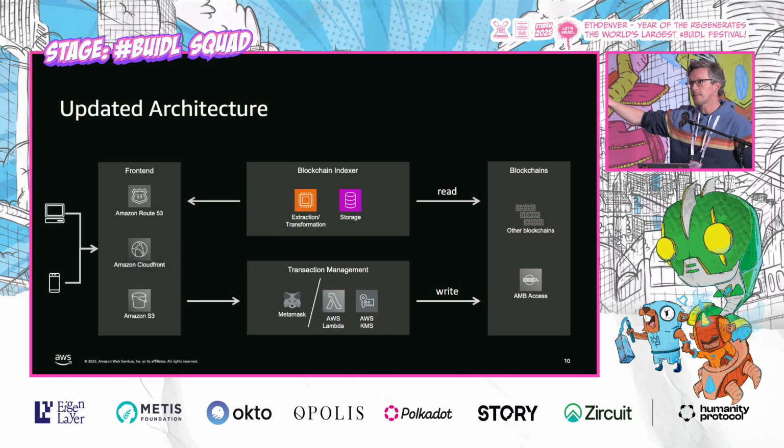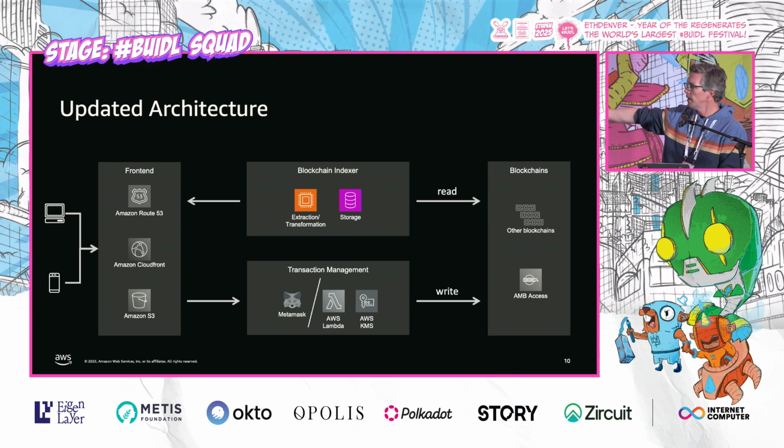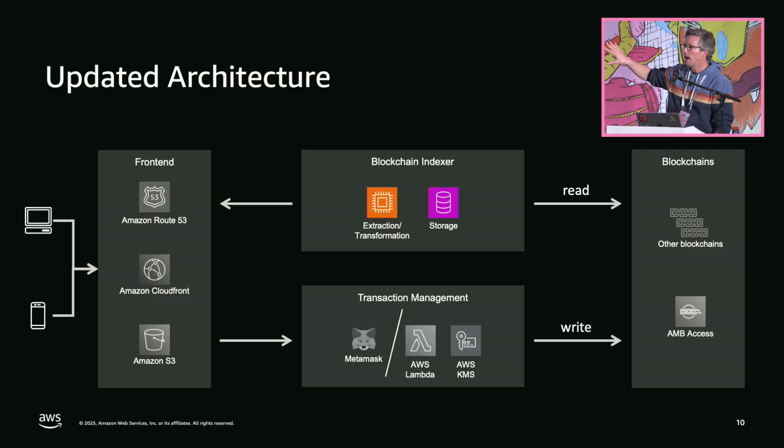Build your own indexer based on an existing framework. This is how the architecture will change then, of course. Instead of the front end on the left side polling our blockchain directly, we put this blockchain indexer in between. So the blockchain indexer does the heavy lifting for us.